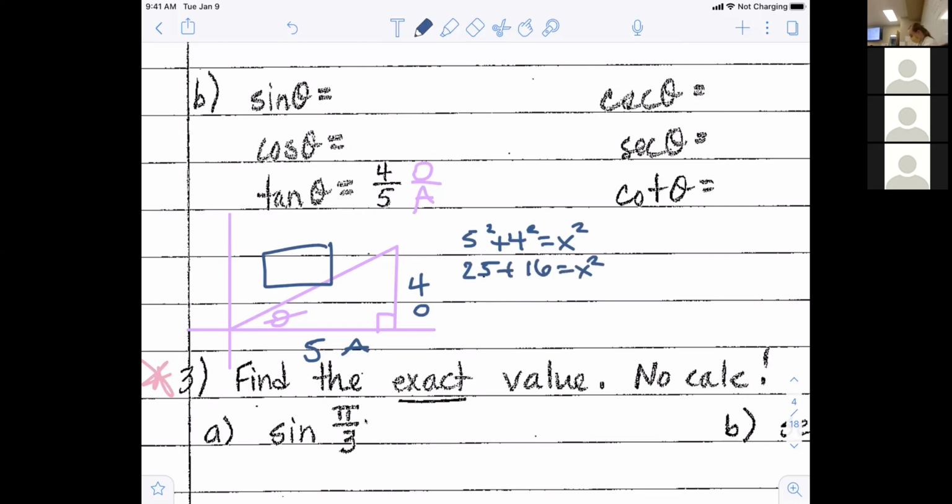I always have a hard time adding those together for whatever reason, but it's 41. And so my hypotenuse is radical 41. Now we use that to plug in all of our pieces. I'm going to find 5 new people I haven't talked to in a second to give me those trig functions. So fill those in.